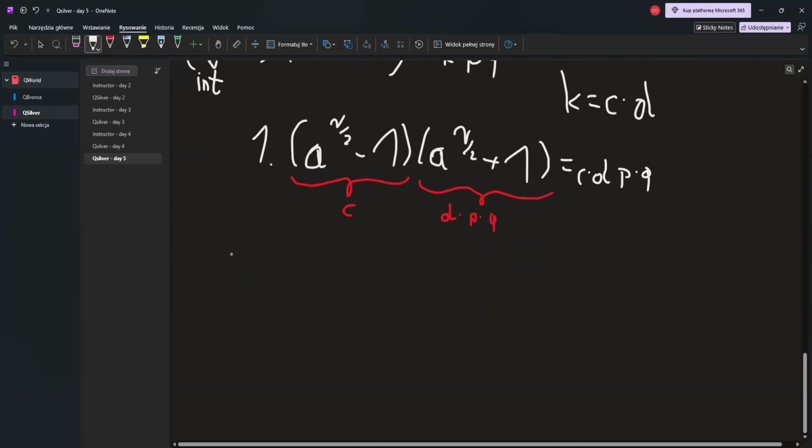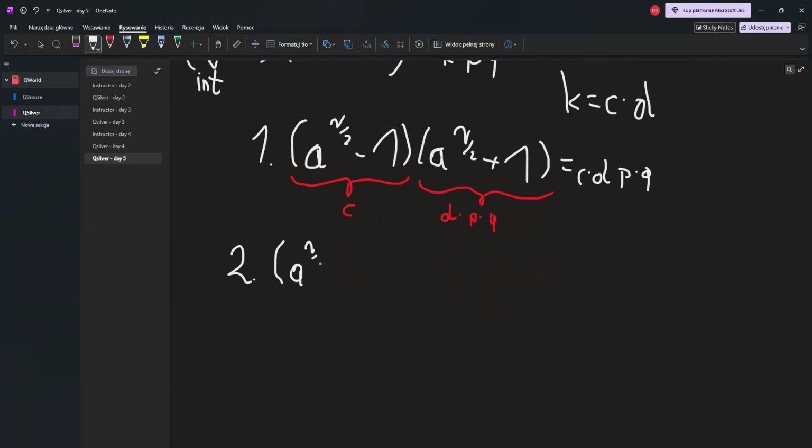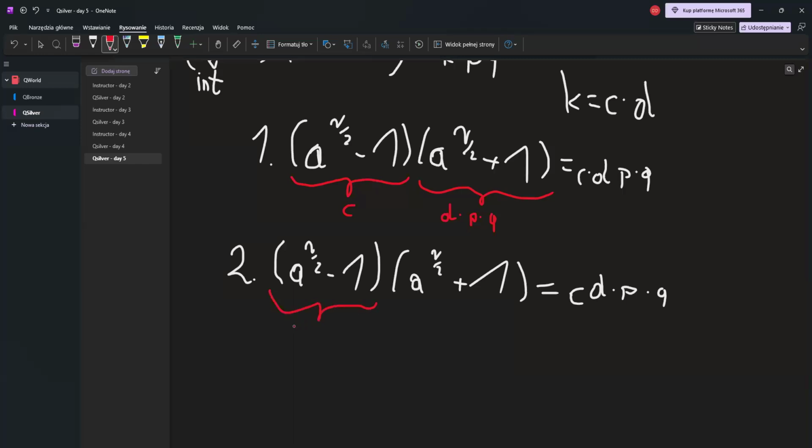The second possibility is that we have a to the power of r divided by 2 minus 1 again, and here the same thing, a to the power of r divided by 2 plus 1, and now we will have here c times p, and here we will have d times q.